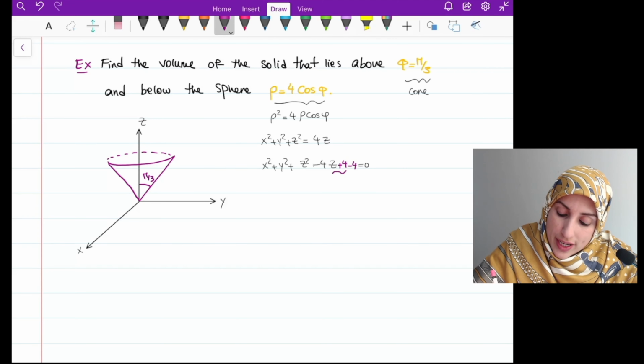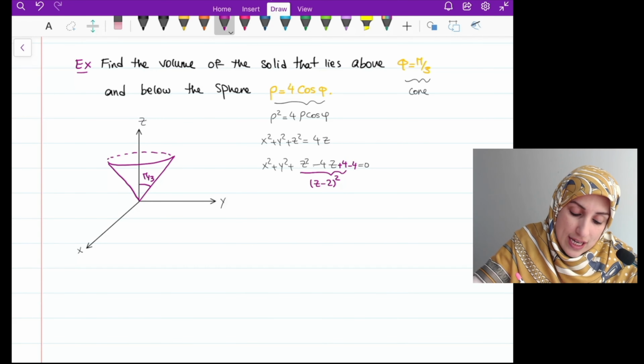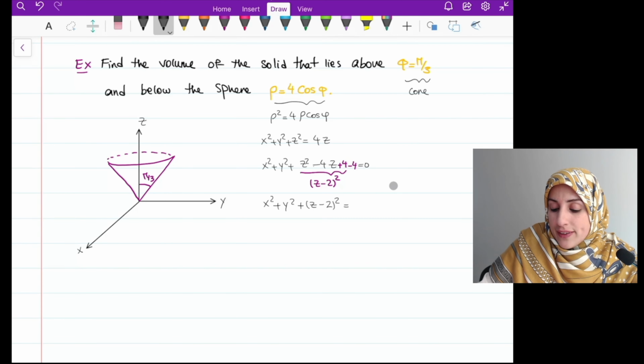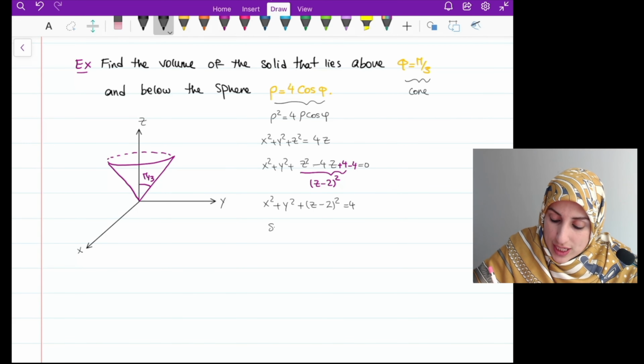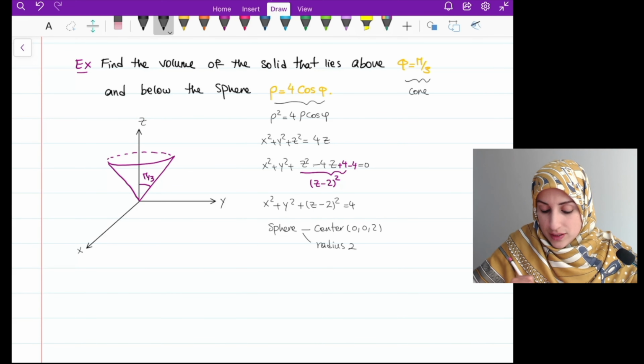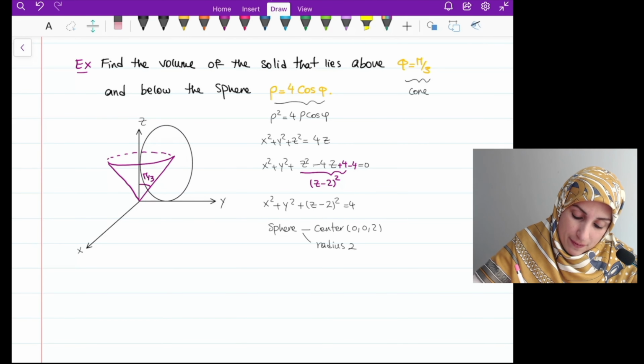Okay, so on here I have z minus 2 squared, so I get x squared plus y squared plus z minus 2 squared equals 4. So it's a sphere with the center 0, 0, 2 and the radius 2, right?